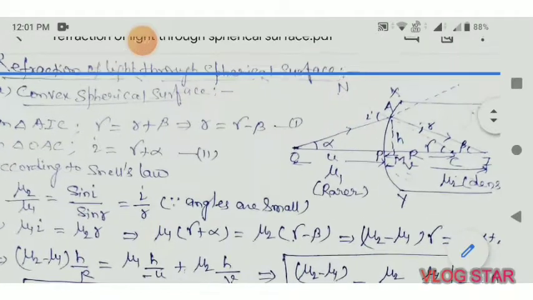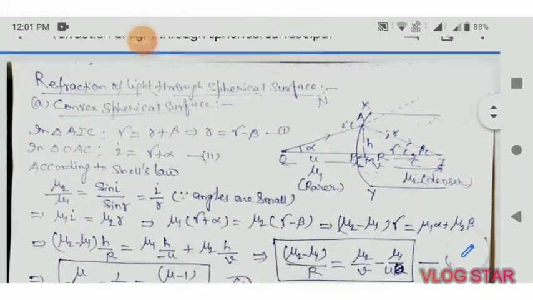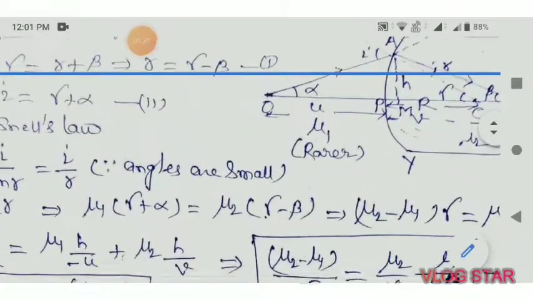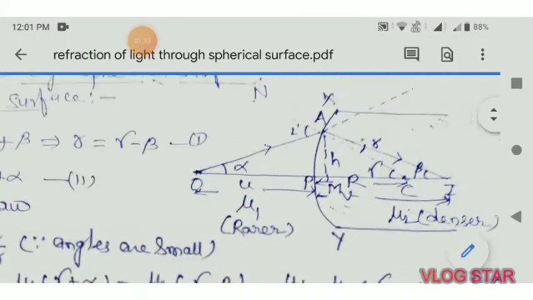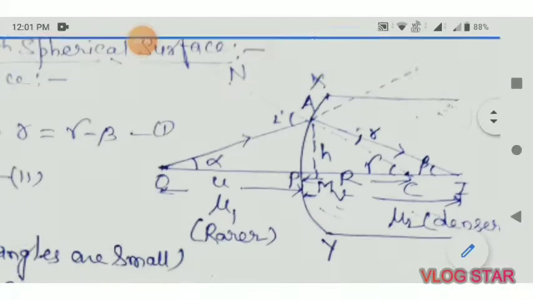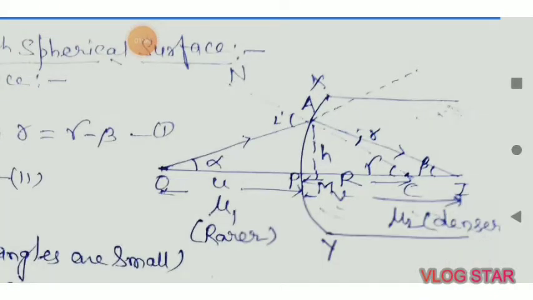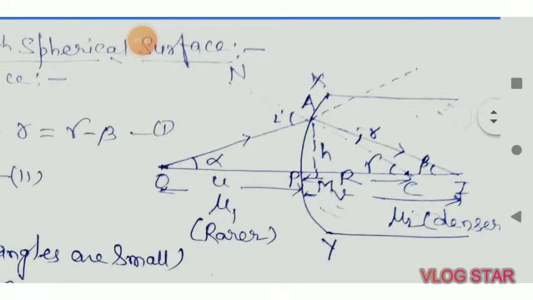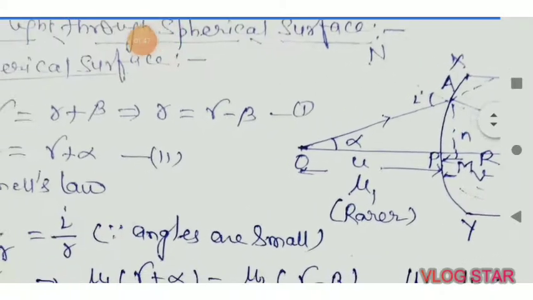Okay, now see in these figures triangle AIC. In this triangle, you see this gamma, that is the exterior angle, and that will be equal to the sum of interior angles r plus beta.